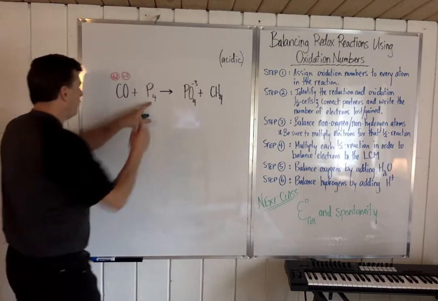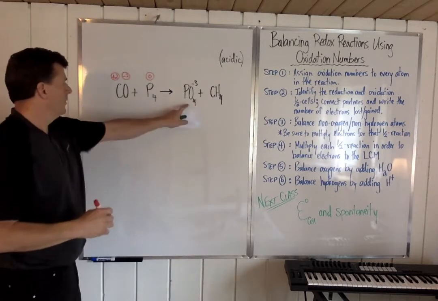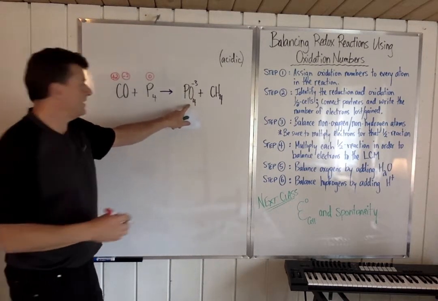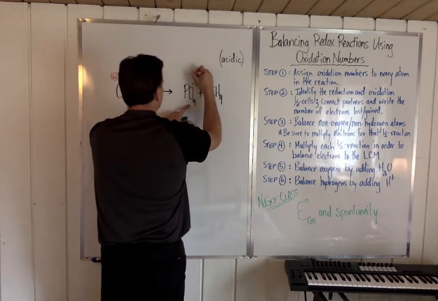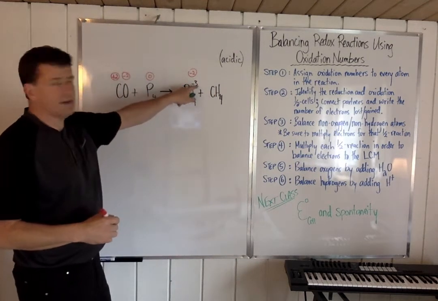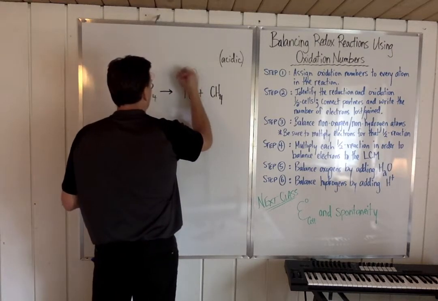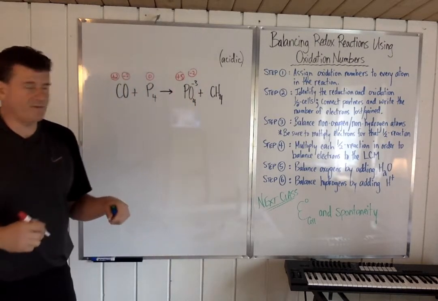P4, it doesn't matter that there are 4 of them, that's elemental, so that phosphorus is 0. Over here on the other side, the oxygen again is -2. -2 times 4 is -8, and it has to come out to -3. That means the phosphorus is +5 in the phosphate.